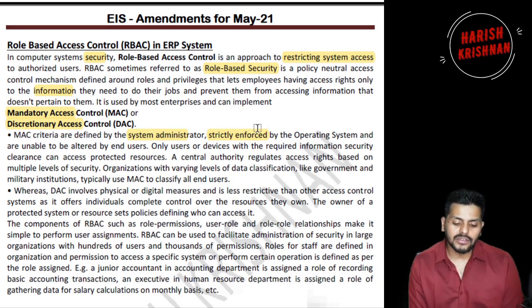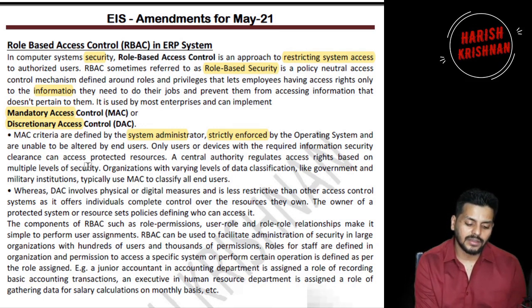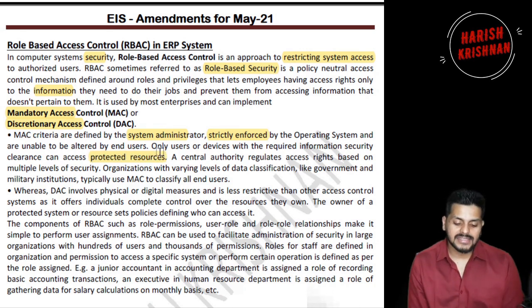Only users or devices with required information security clearance can access protected resources. A central authority regulates access rights based on the multiple levels of security.